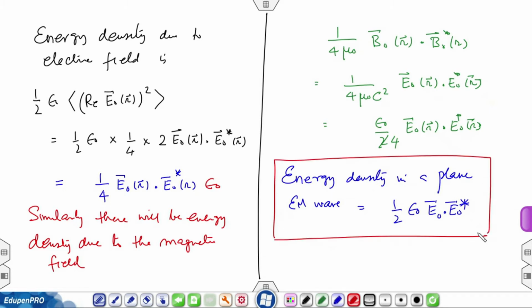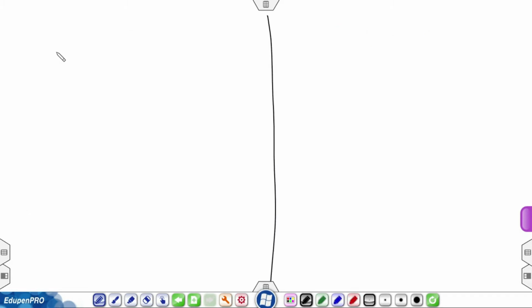So, if I were to make a picture, here is this electromagnetic wave propagating in this direction. It has this E field, it has this B field, and is propagating forward, right. So, at a certain instant, if I were to take a snapshot, it will look like this.